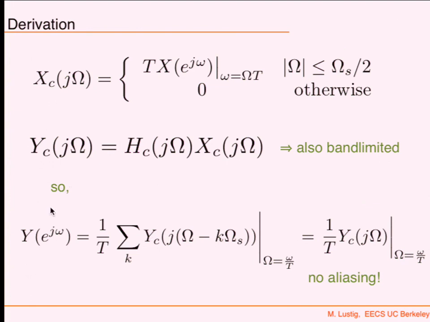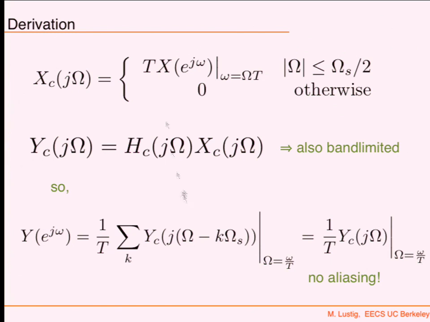And then sampling is a replication of my continuous time signal, right? And when I replicate over that exact bandwidth, of course I'm not going to get aliasing. And if I'm not going to get aliasing, then I'm going to get a DTFT that's 1 over T Y_c(jΩ) at Ω equals ω over T. So there's not going to be any aliasing.